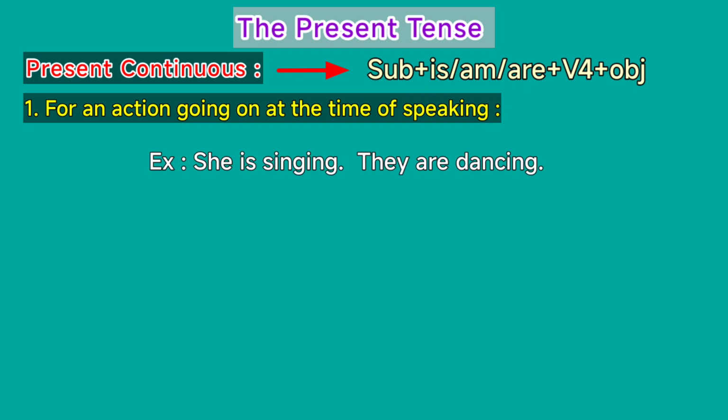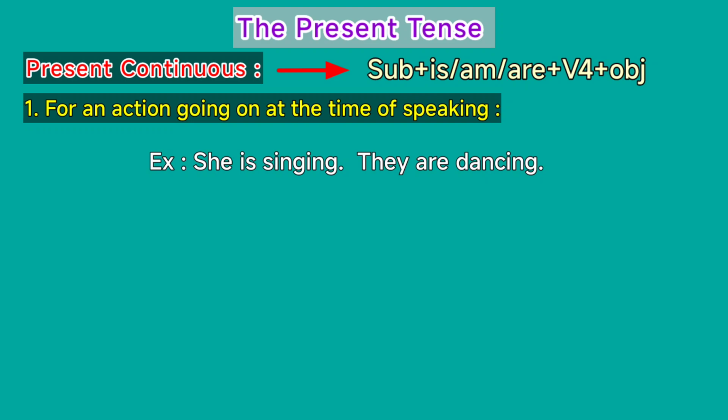But you need to remember one thing. You should not mention the time when the action started. If you mention the time, it goes to present perfect continuous tense. So we only speak about the action which is going on, but not when the action started.